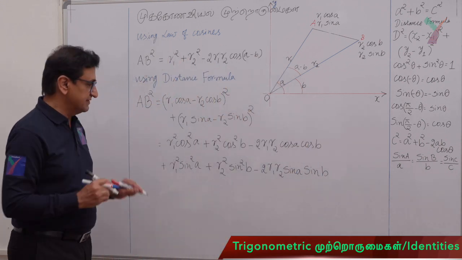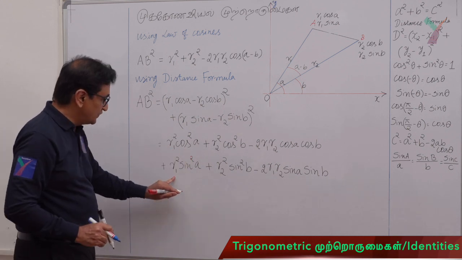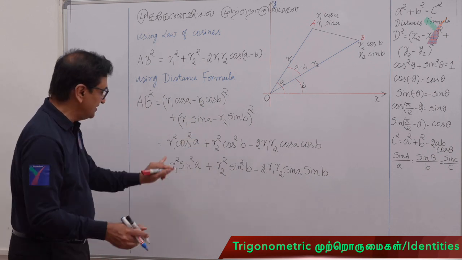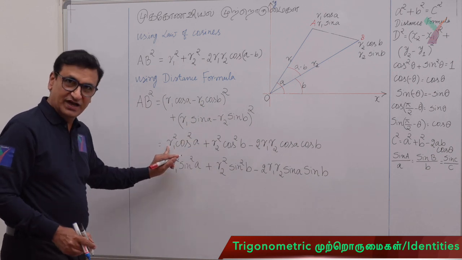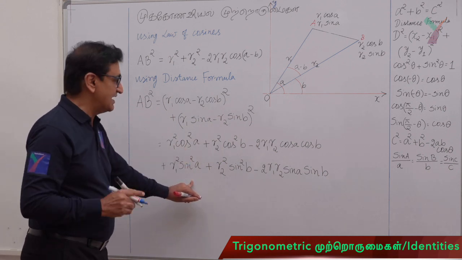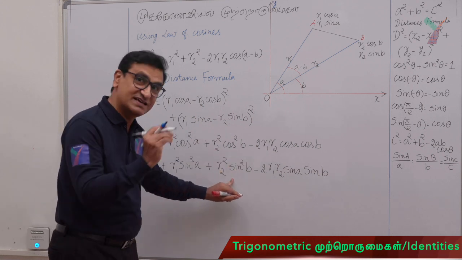சரியா? அடுத்தது r1 square cos square a இருக்கு, r1 square sin square a இருக்கு. சோ இந்த r1 square நம்ம ஃபேக்டர் வெளியில பண்ணிட்டோம்னா நமக்கு என்ன கிடைக்கும்? r1 square multiplied by cos square a plus sin square a. கரெக்ட்டா? அதே மாதிரி r2 square cos square b and r2 square sin square b.